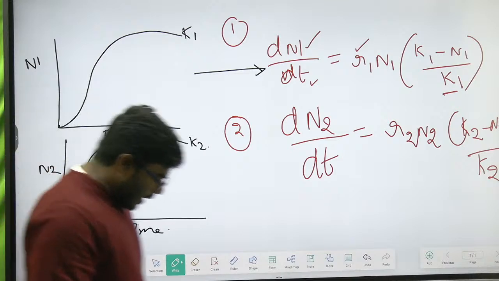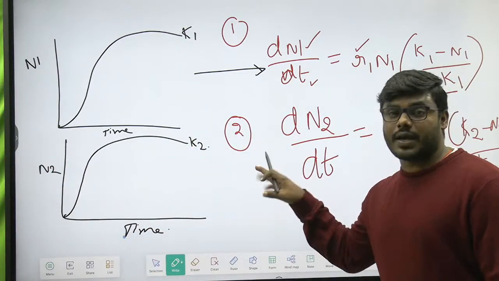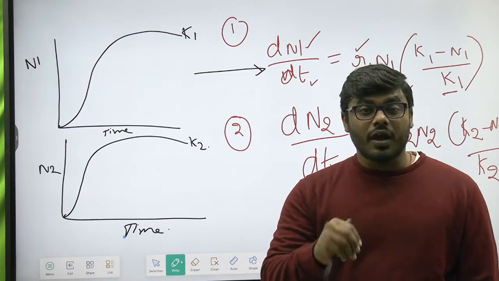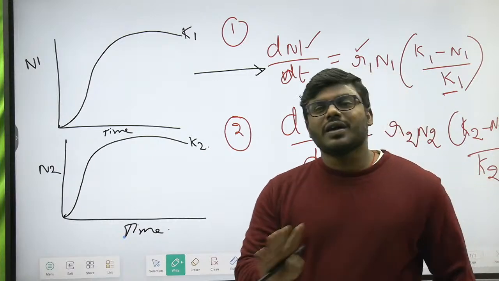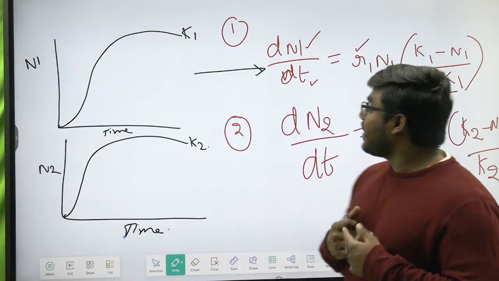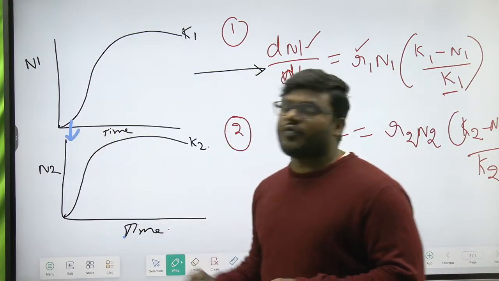Right friends, all of you listen to my statements very carefully. Whatever equation I have drawn here is for the two species which are growing alone without any competition. Now you listen, I am only species 1. How can I grow? First I will prepare myself for the growth.